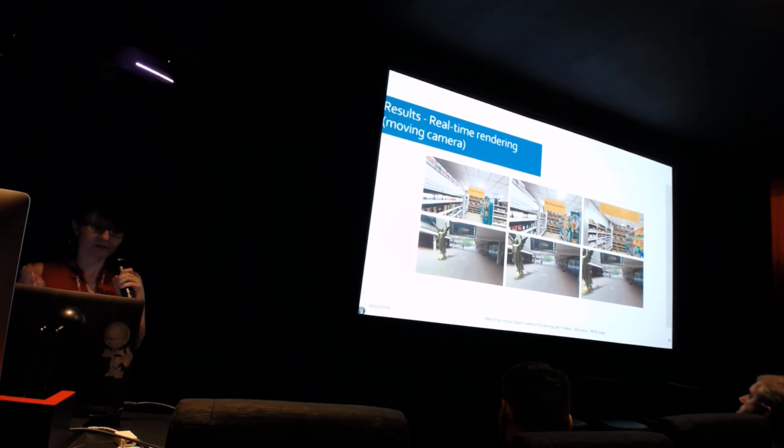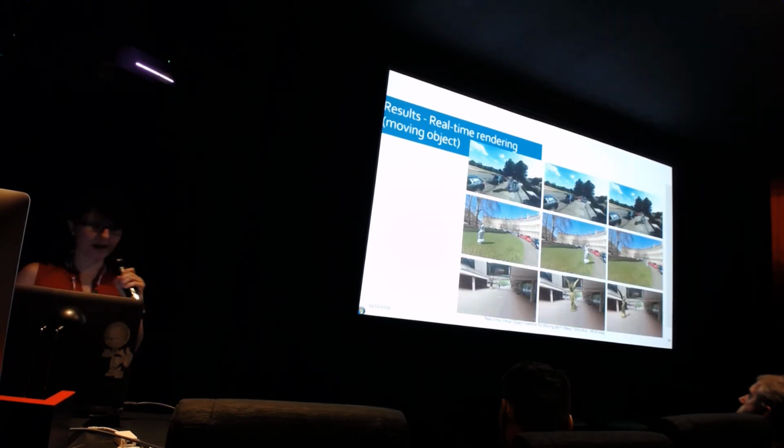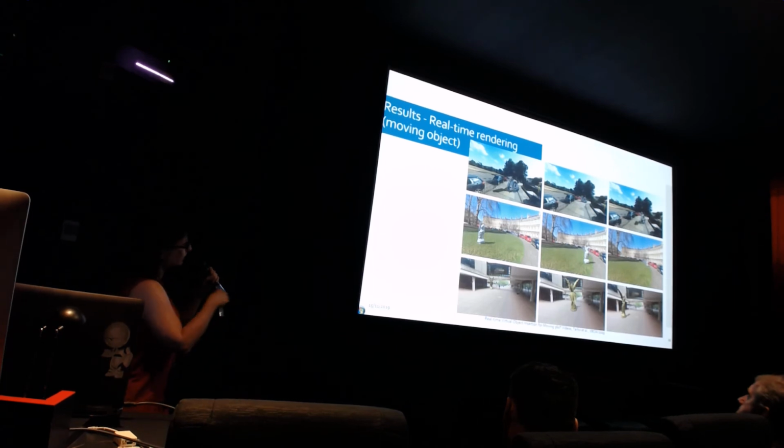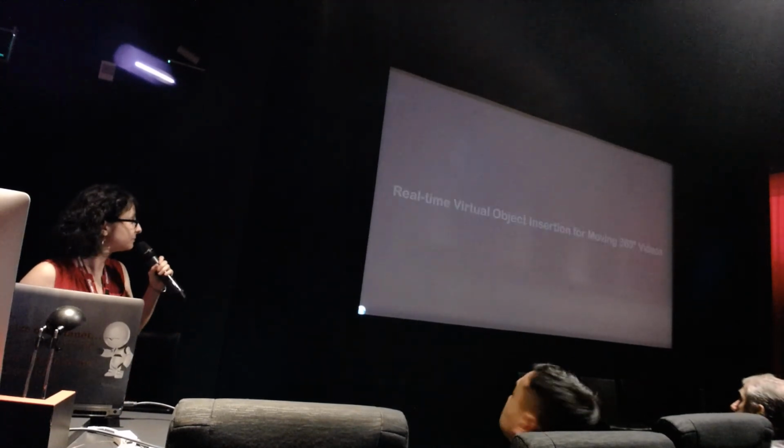But we can also fix the camera and move the object around the scene, and all the shadows and all the reflections are calculated in real time when the object moves around the scene. So here will be the video to recap the whole pipeline and to present video results at the end.